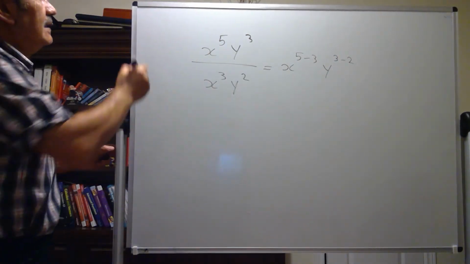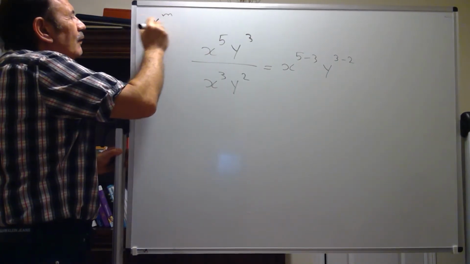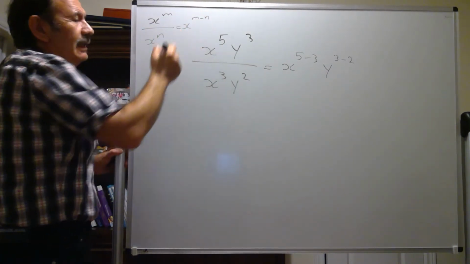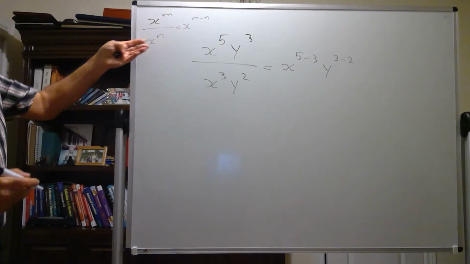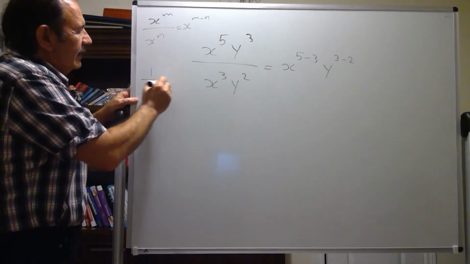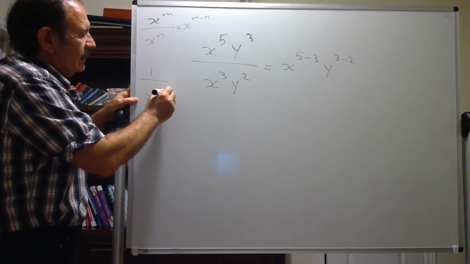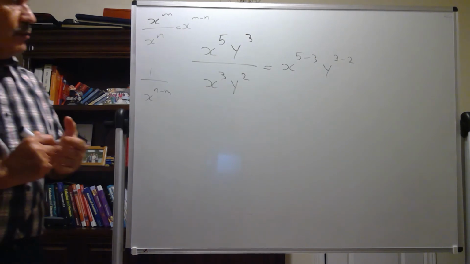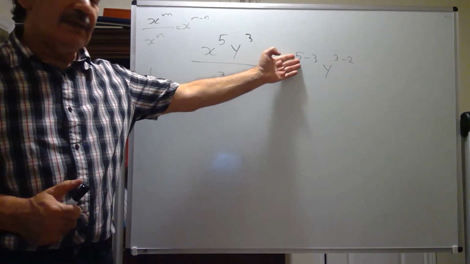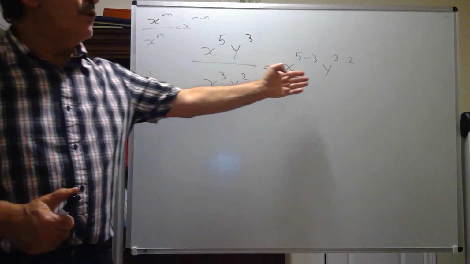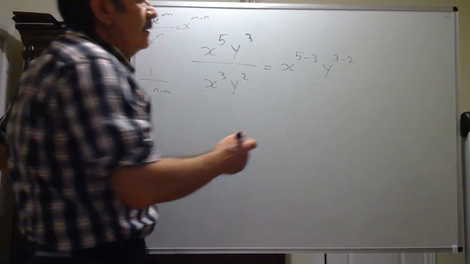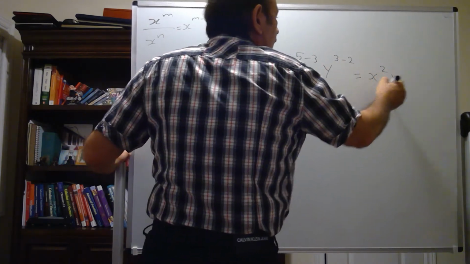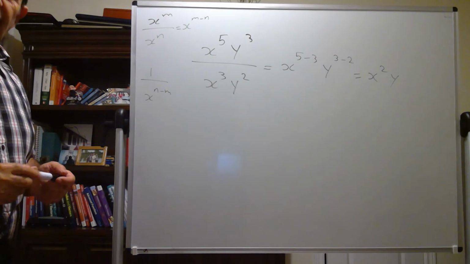I am using this formula: x to the power of m over x to the power of n is equal to x to the power of m minus n when m is greater than n, or 1 over x to the power of n minus m when n is greater. In this case, because 5 is greater than 3, I write it at the top. 3 is greater than 2 for y, so I write it at the top again. So it's going to be x to the power of 5 minus 3, which is 2, y to the power of 3 minus 2, which is 1.